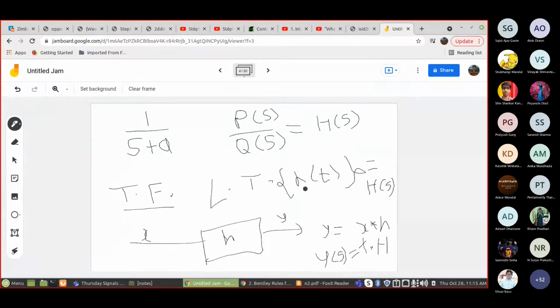You take its Laplace transform, and if you get a rational function like this, then roots of the numerator polynomial are called zeros of this transfer function, and roots of the denominator polynomial are called poles of this transfer function.